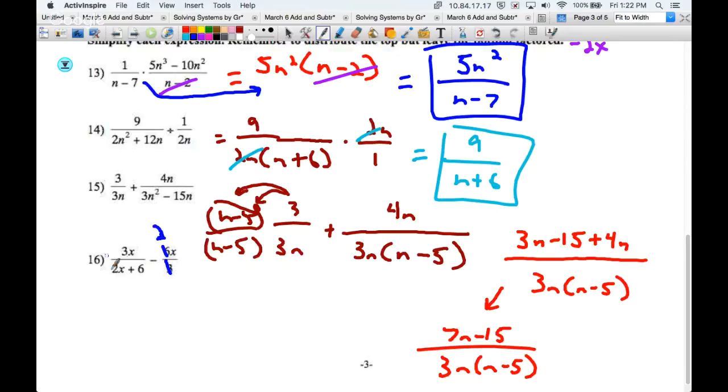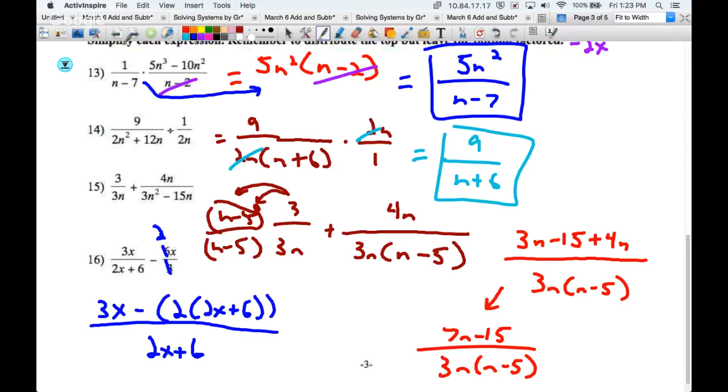And then to make that have a common denominator, I multiply that by 2x plus 6 over 2x plus 6. So I get a 3x minus the quantity of 2 times 2x plus 6 all over 2x plus 6.